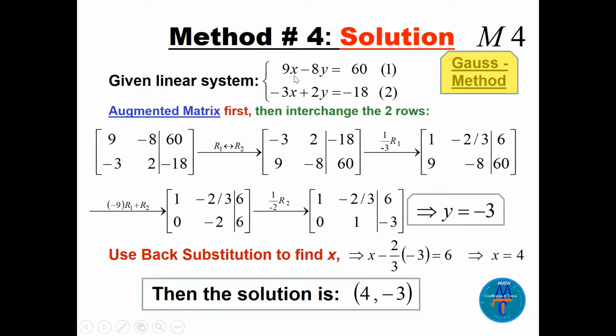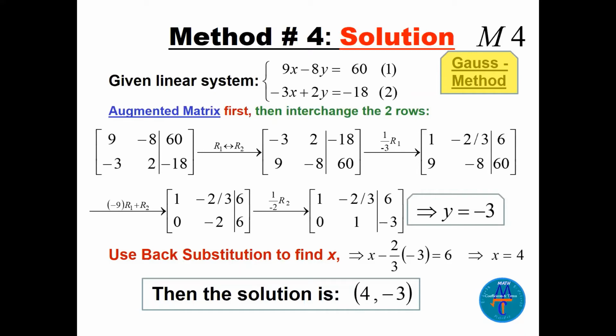You see the x's line up together, the y's line up together, the constants on the other side. In Gauss, the system should be arranged. It's not like other methods. Then I write them here in this matrix, I call it augmented. Augmented means big, enlarged. So we have 9, minus 3, as you can see, minus 8, 2, 60, minus 18.